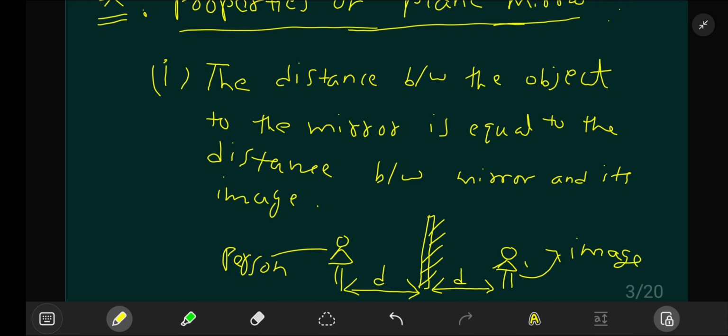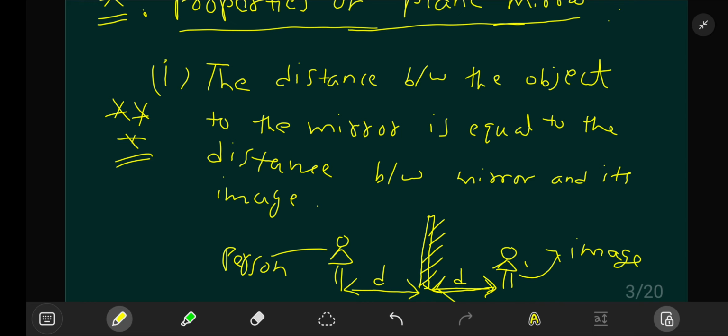These both distances are equal. You have to remember this. After reflection, the image will be formed at an equal distance. This is a very important point.